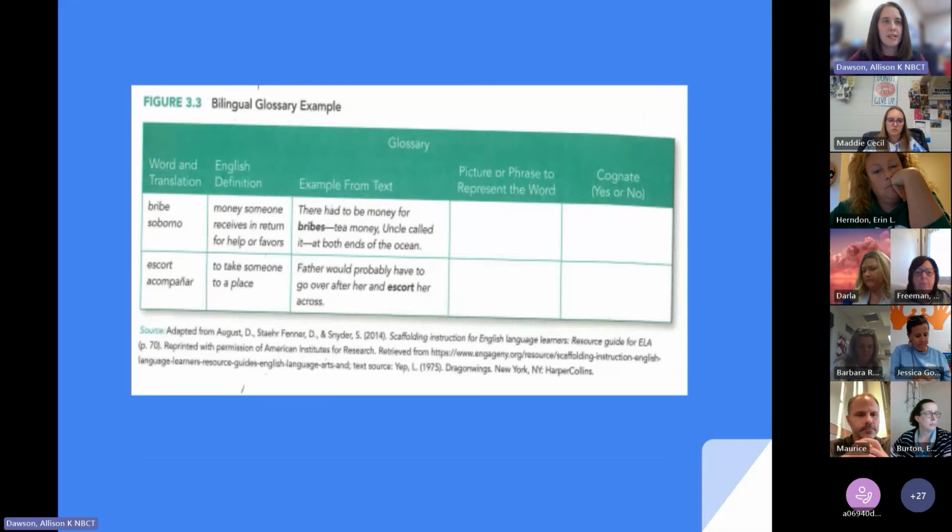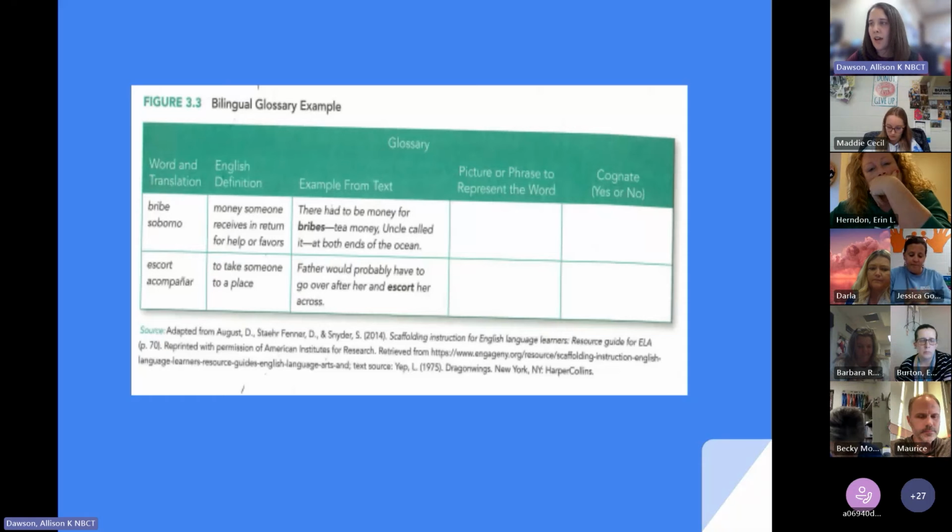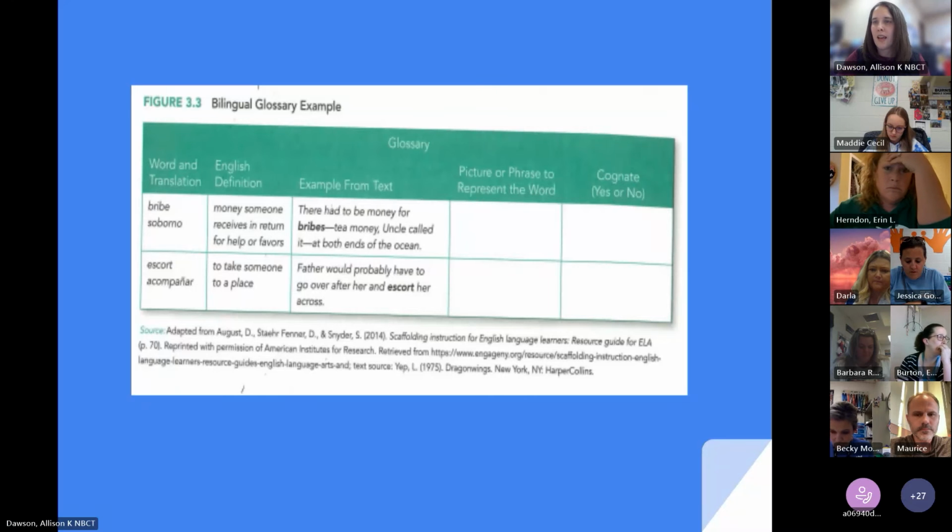All right. The next example is figure 3.3, and that's on page 63. It is a bilingual glossary. So it has the word in English and in Spanish this time. There's an example of how it was used and then a definition. There's not a picture, but there is a box to put a picture and then ask whether or not it is a cognate.